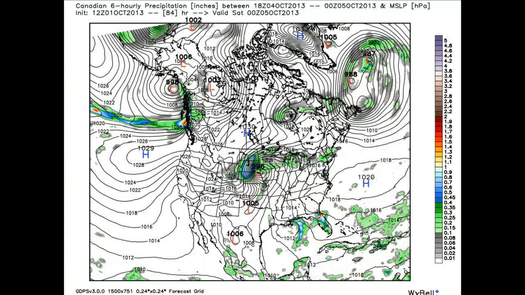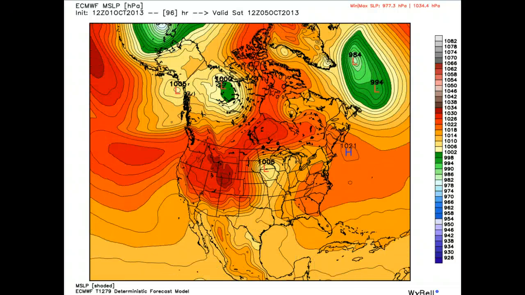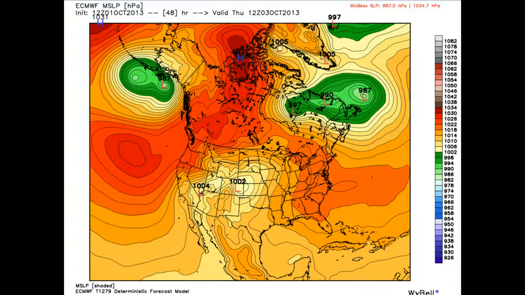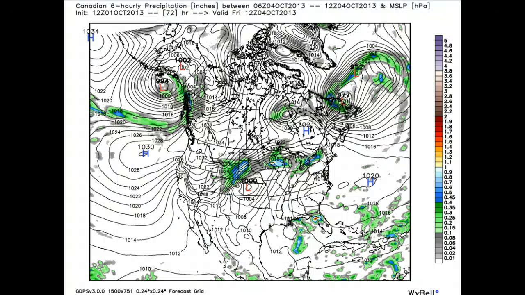It's a little bit faster coming out, and it's a little bit further west. Then we get to the European model, and it does come out into the Midwest, but it has more of an elongated trough through the Central Plains. And I'm not really liking the way the European is playing with this right now.